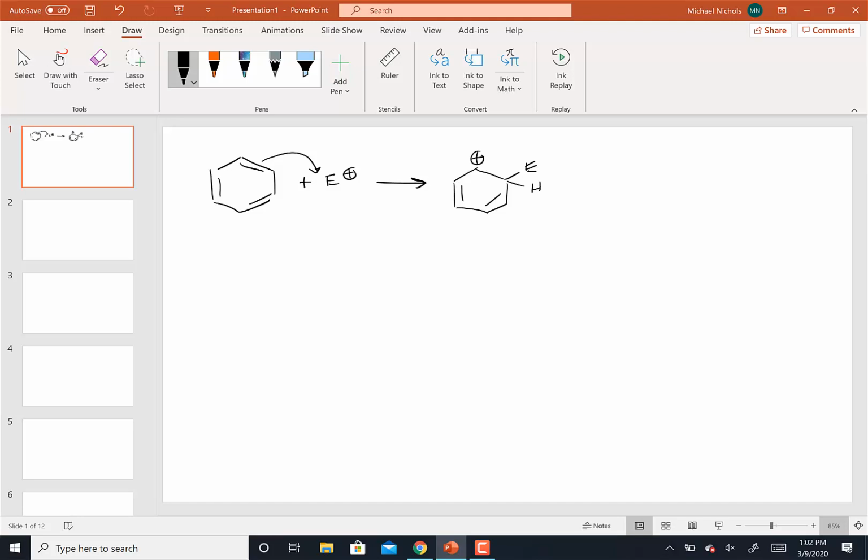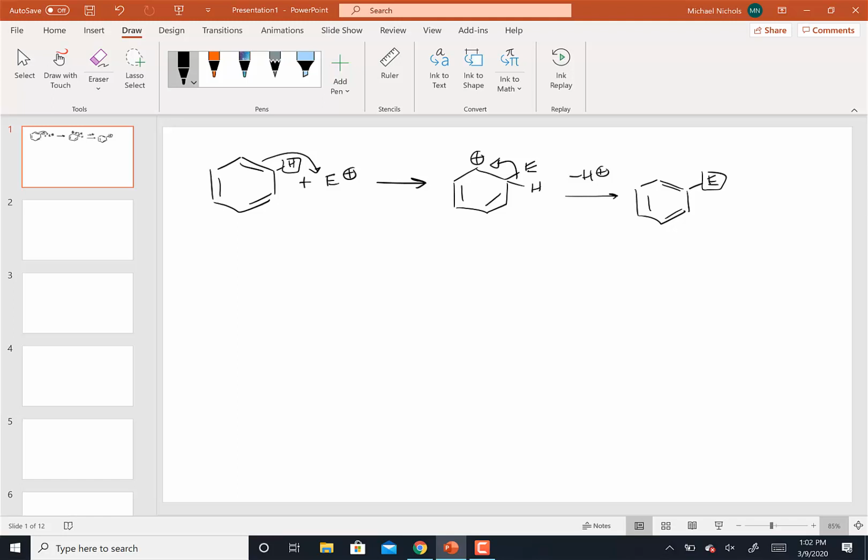But if a nucleophile adds to that carbocation, it destroys the aromaticity of the ring. So instead, we lose an H plus off of the carbon where the electrophile added, and reform the very stable aromatic ring. In the end, I've replaced a hydrogen with the electrophile, and so this is electrophilic aromatic substitution.